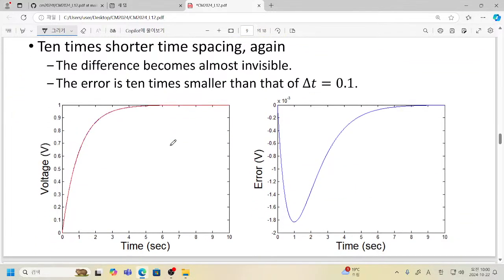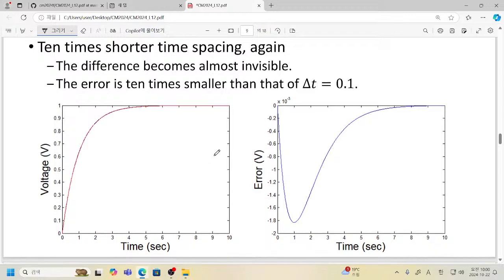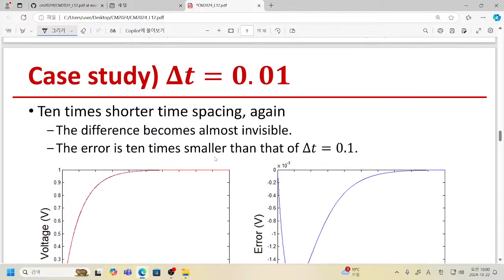Then now we can see that the difference seems to be almost invisible. So that is a simple lesson to you. If you want a good enough, accurate enough solution, then you must introduce quite a short time difference. Then, unfortunately, that gives you a certain problem.